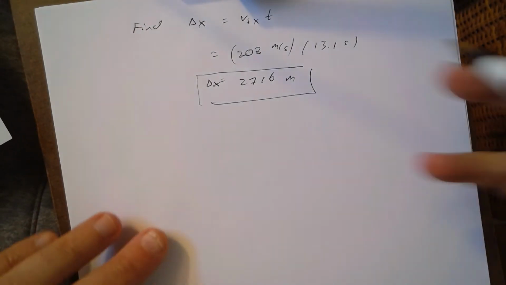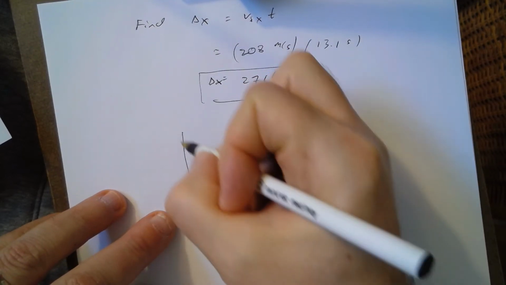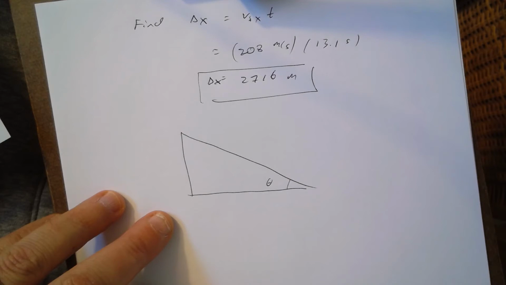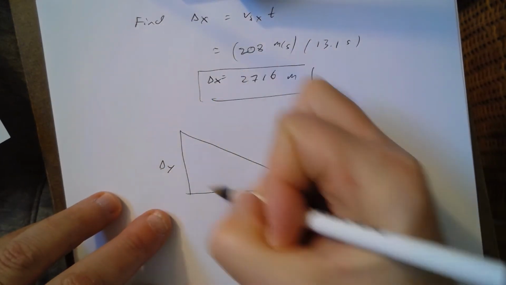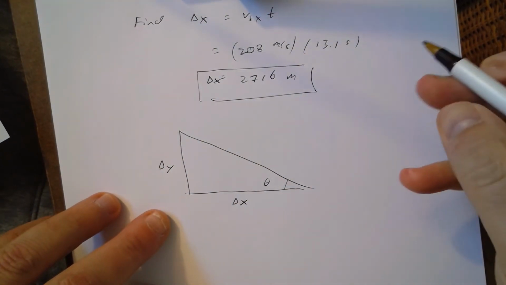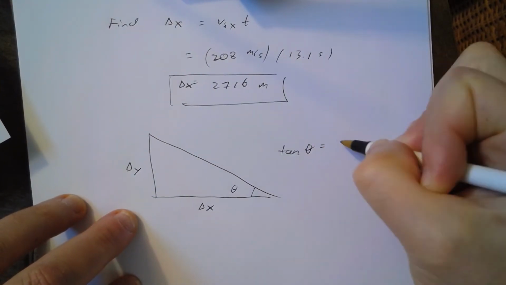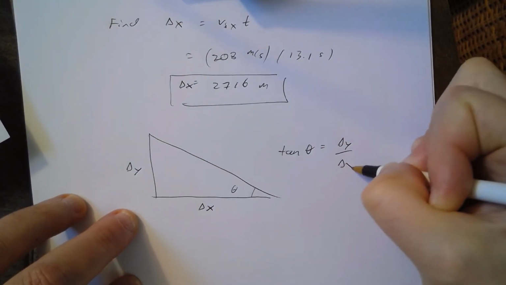Alright, now I'm going to redraw that distance triangle here from my original picture. This is the angle theta. This is delta y. This is delta x. So I can see that tangent of theta, which is opposite over adjacent, is equal to delta y over delta x.